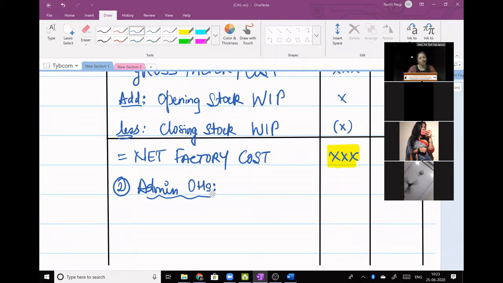Whatever you have understood about the meaning I gave you about admin overheads, give me a list of expenses which come under admin overheads. Write it in your chat box. Start giving your answers in the chat box.